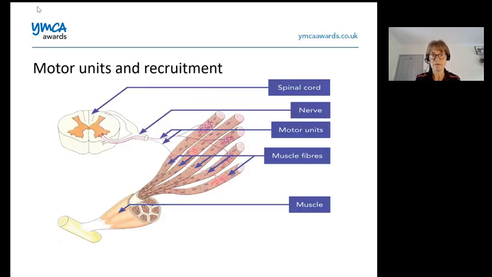Okay, so we can see here the spinal cord. We can see nerves coming out of the spinal cord and then splitting and coming onto the individual muscle fibers. So there are a number of different motor units there, and it shows how interconnected the nervous system and the muscular system are.